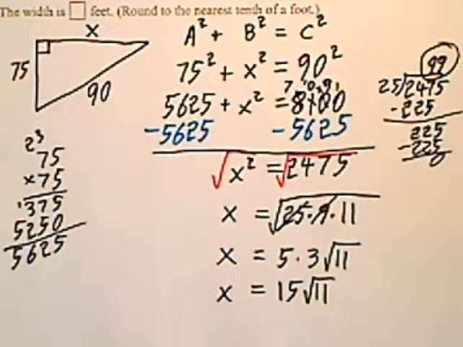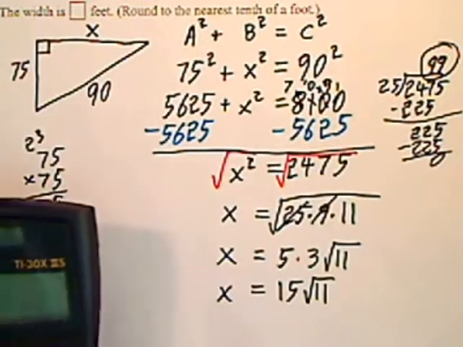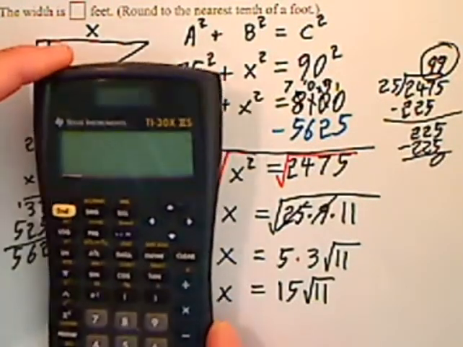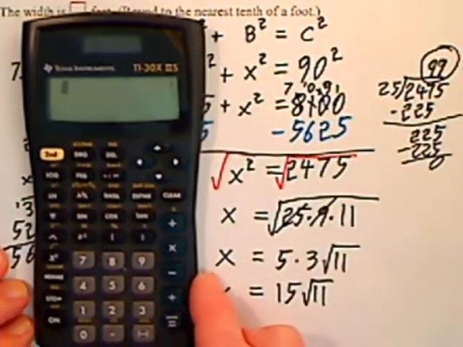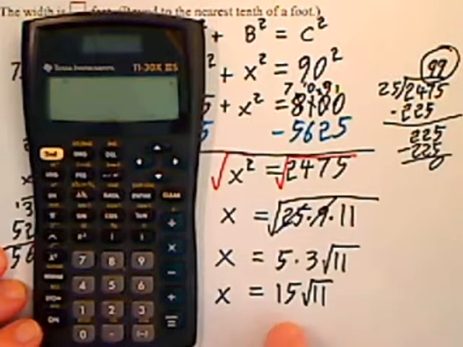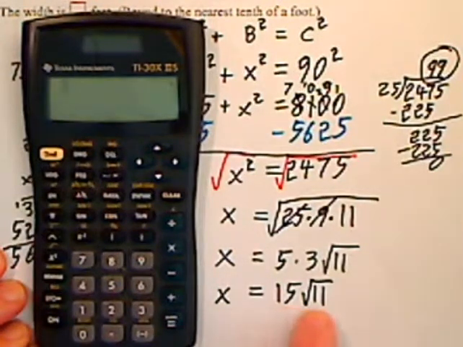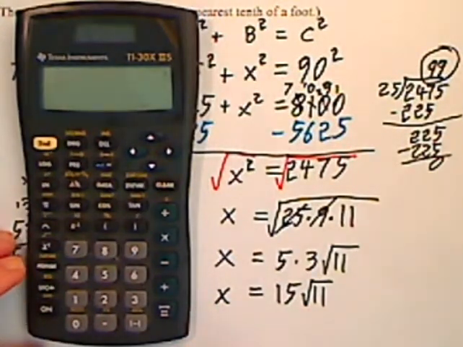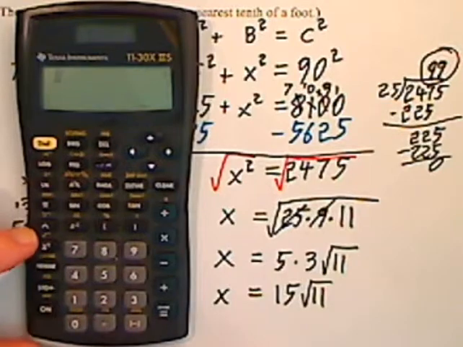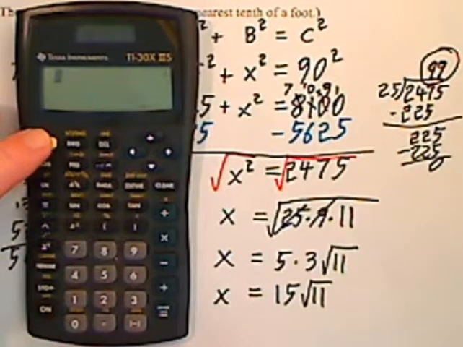If, however, you're noticing that you're supposed to have the answer in decimal form, I'll use a calculator here to get that, even though we're not going to be using calculators in this class. So I would accept the answer like this. In fact, that's the only way you could answer it for me. But if you're doing homework and they think you're supposed to have a calculator, you would use the square root key. So I'll hit second.